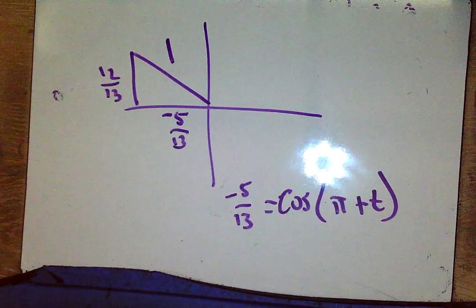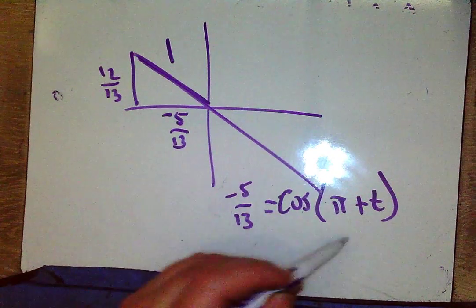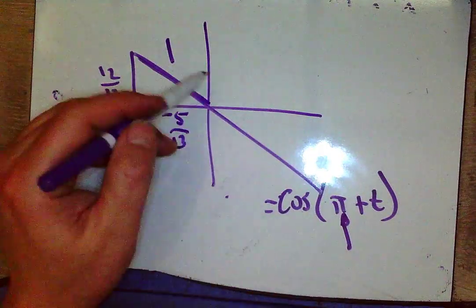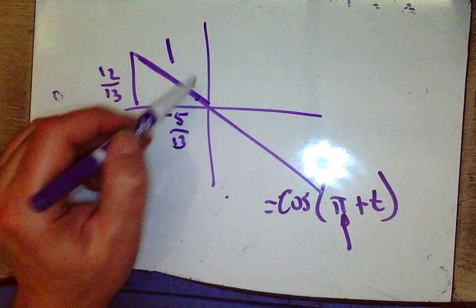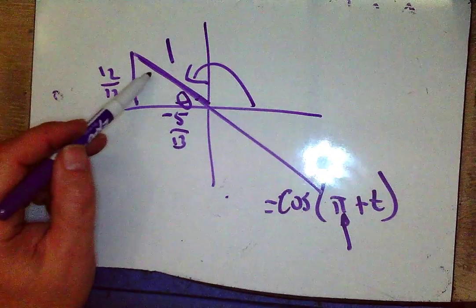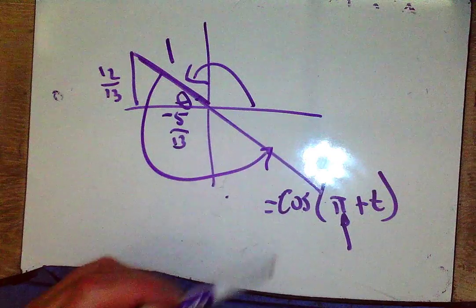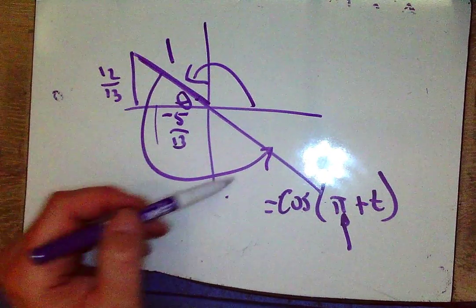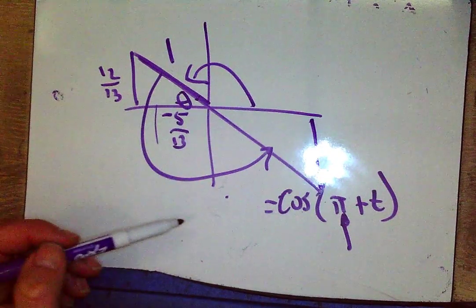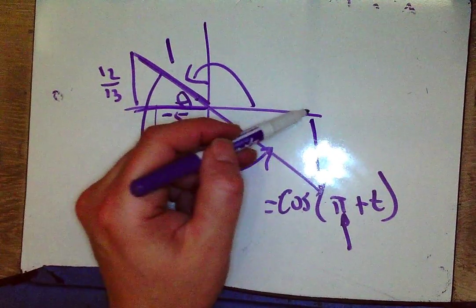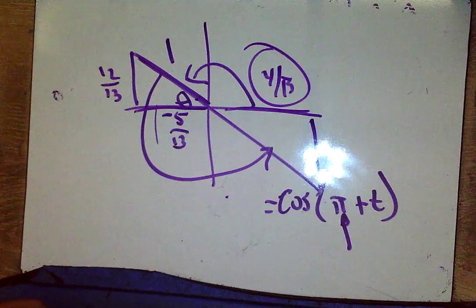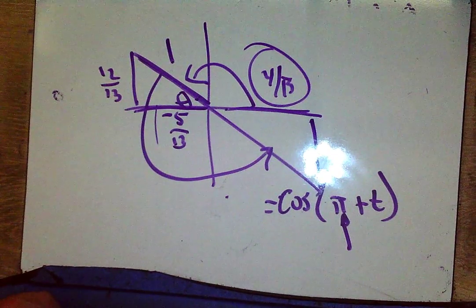Oh, okay, so here I am, and if I really want to consider this, then I have to add pi to this angle. Here's my angle, and I'm going to add pi to it. There I am. Adding pi just goes halfway around the circle. And so now I know that this has become this, positive 4 over 13.